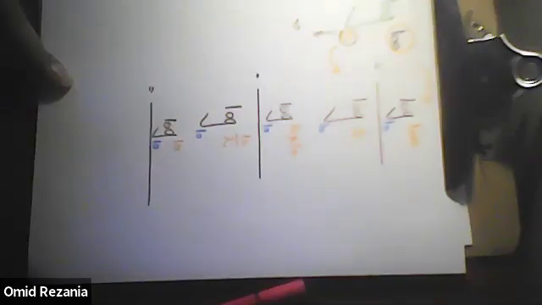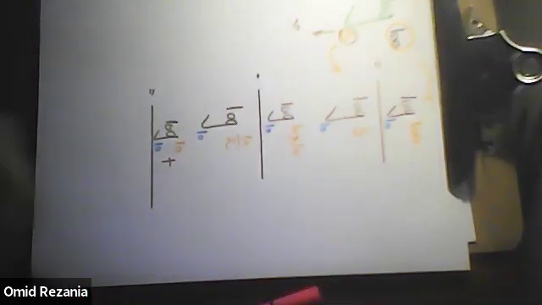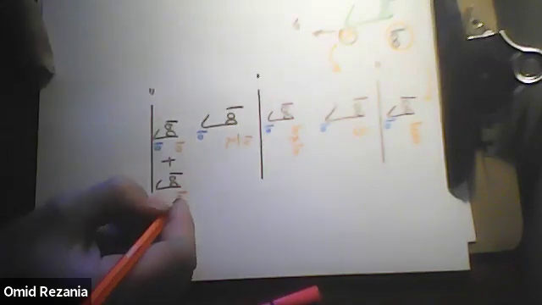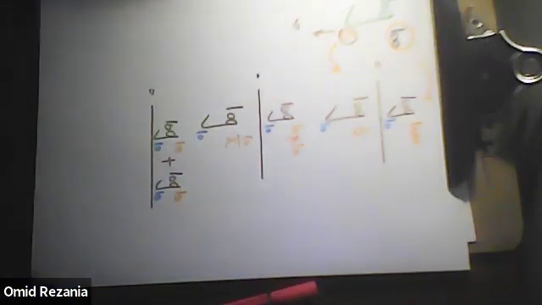Everyone see what I'm writing? Then I say it becomes log 10 with base 10 plus the log again 10 with the base 10.